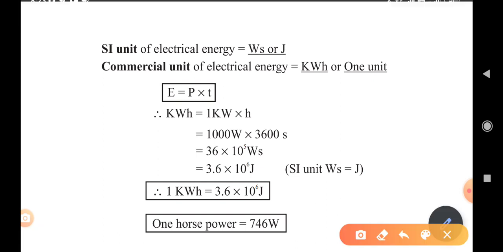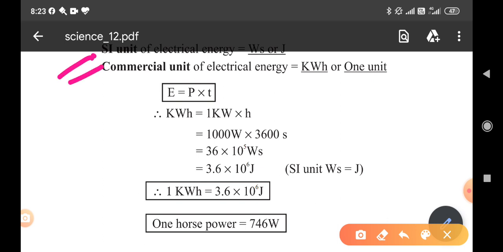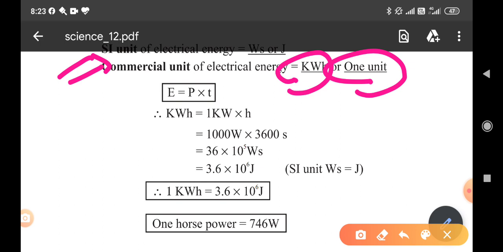There is a commercial unit of electrical energy which is kilowatt hour or 1 unit. As we know that E equals P into T, if we want to express it in kilowatt hour, E is 1 kilowatt into hour. 1 kilowatt has 1000 watt and 1 hour has 3600 seconds.